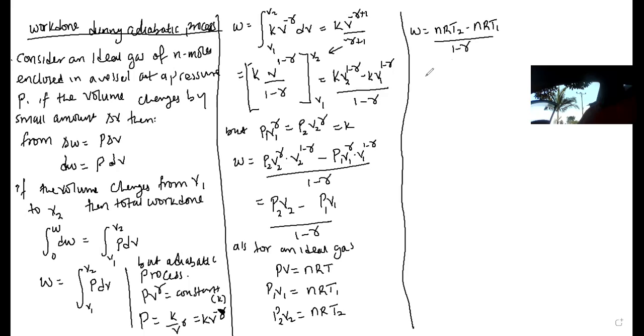So finally, work done is equal to nR into T2 minus T1, all divided by 1 minus gamma. So this is the expression for work done in terms of temperature, in terms of the ratio of molar heat capacities, in terms of the molar gas constant R, and in terms of the number of moles n.